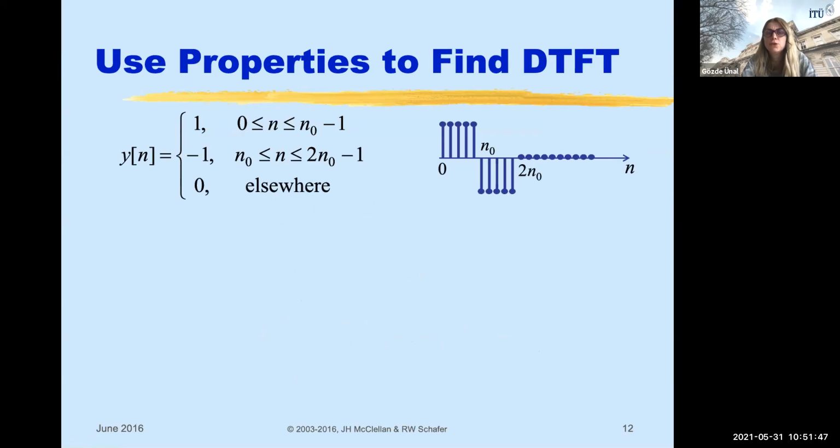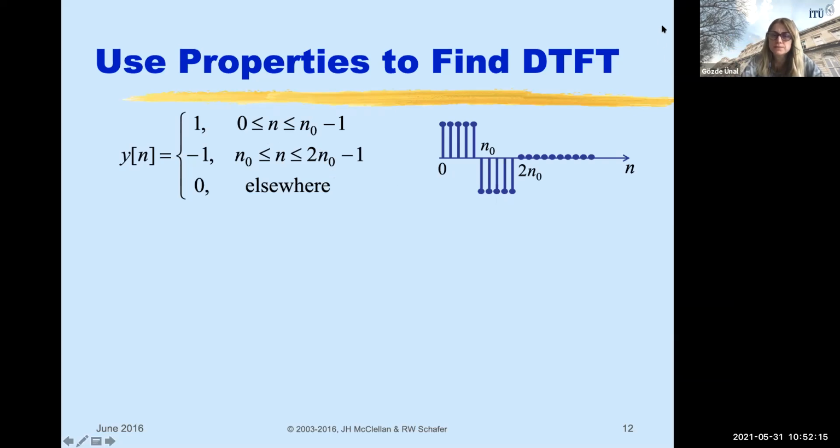Now, for instance, if I give you this signal, use properties of discrete time Fourier transform to find its Fourier transform. You see, it's a rectangular pulse of magnitude 1 between 0 and n0 minus 1, and a rectangular pulse of magnitude -1 between n0 and 2n0 minus 1. Which properties would you need to use, guys?